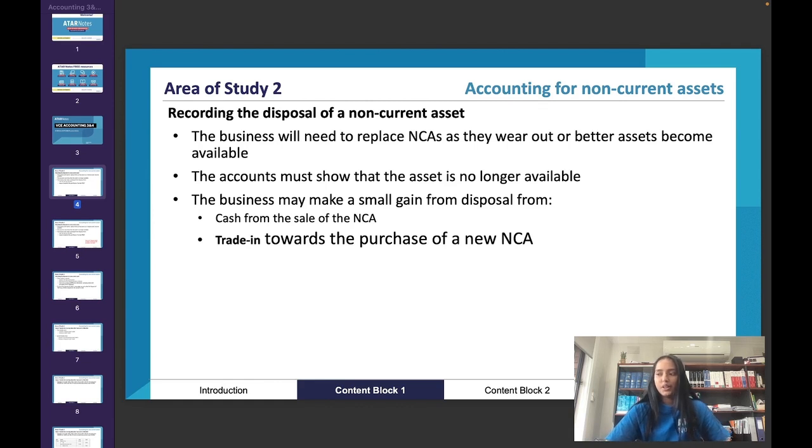So the non-current assets that businesses own can either become worn out or damaged as they age, or they can be superseded by newer models of that same asset. For example, say the business owns a laptop or a computer, and after 1 or 2 years, Apple decides to come out with a newer model of that same laptop.